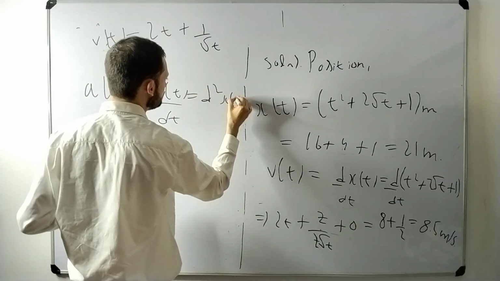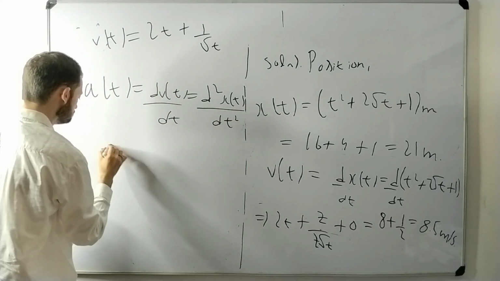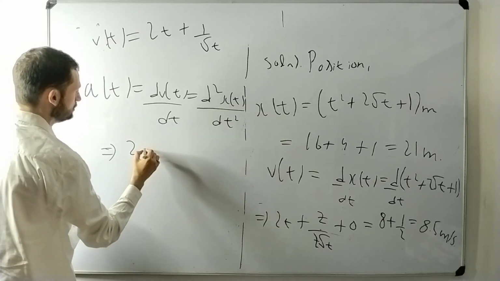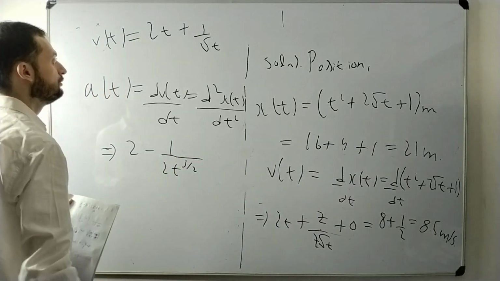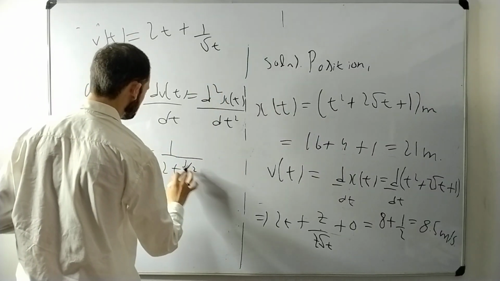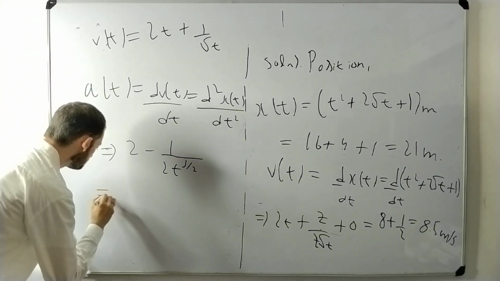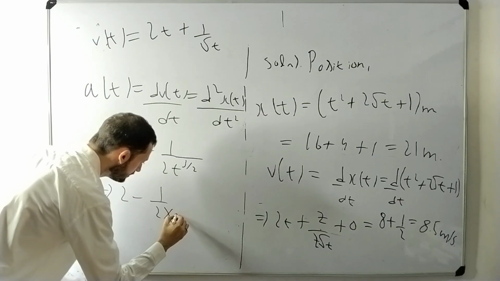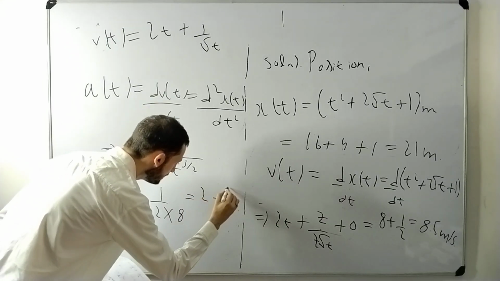This gives double differentiation of position, and this should give us what? Differentiating velocity, 2 minus 1 by 2 times t to the power 3 by 2, with that minus. Then this becomes 2 minus 1 by 16.